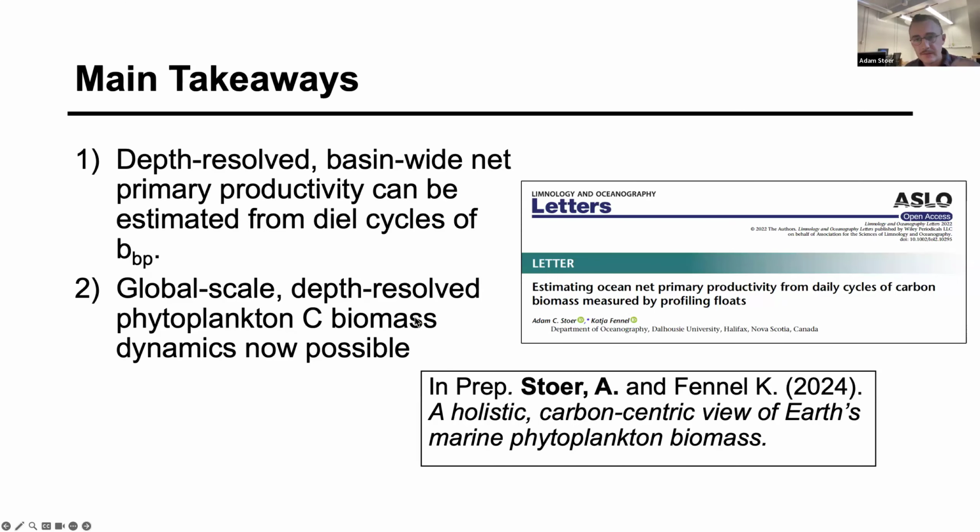And then for the second part of the talk, BGC Argo has grown and advanced to a point where we can get at global scale depth resolved phytoplankton biomass dynamics, which is a very important advancement in terms of understanding blooms and what triggers them. So thank you for having me. I'll let everyone move to question period now. Thank you.